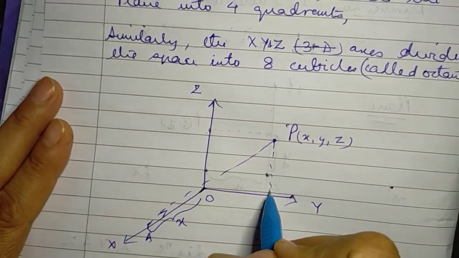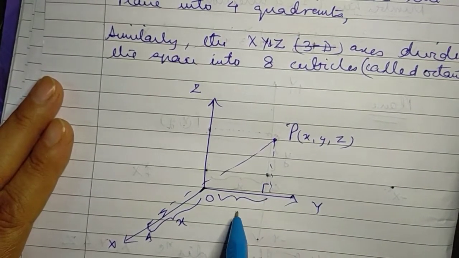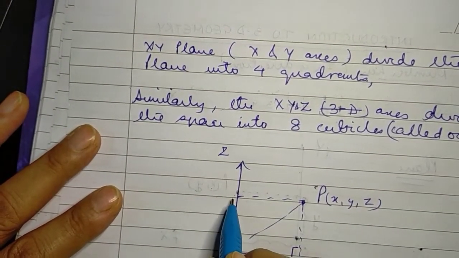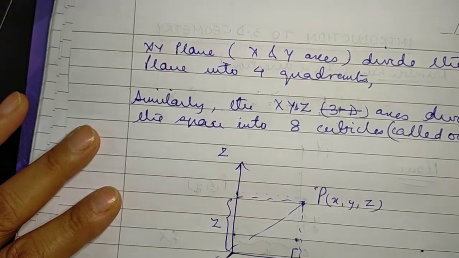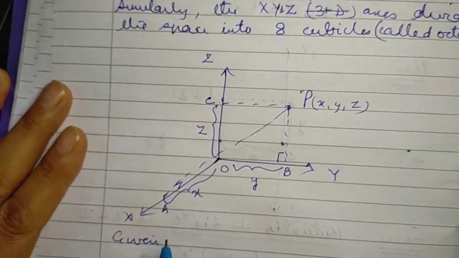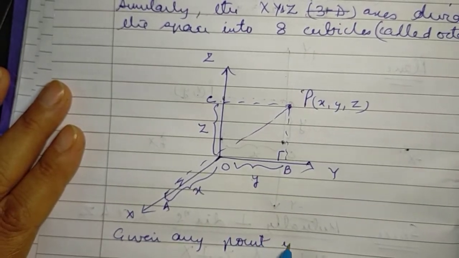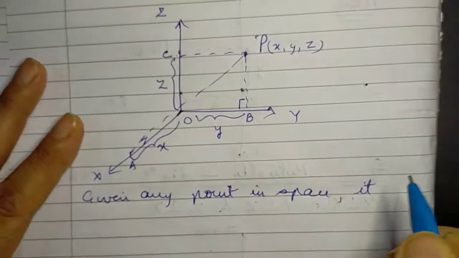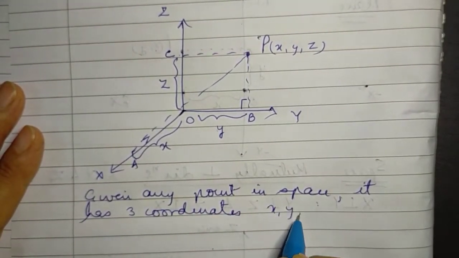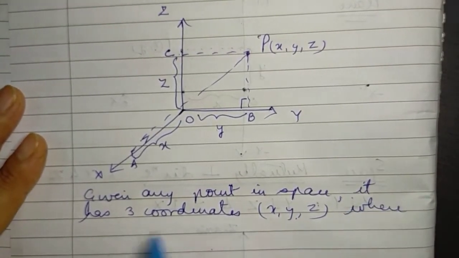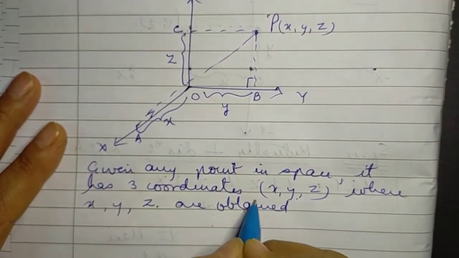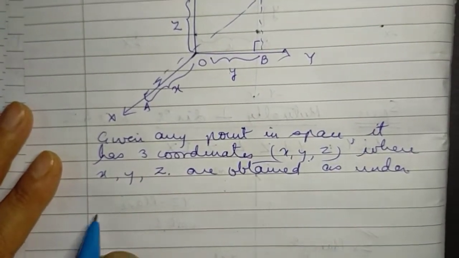When you drop a perpendicular to the y axis, this portion is the y coordinate; let's call it point B. And when you drop a perpendicular from P onto the z axis, this portion is the z coordinate; let's call it C. So any point in space has 3 coordinates x, y, z, obtained as follows.